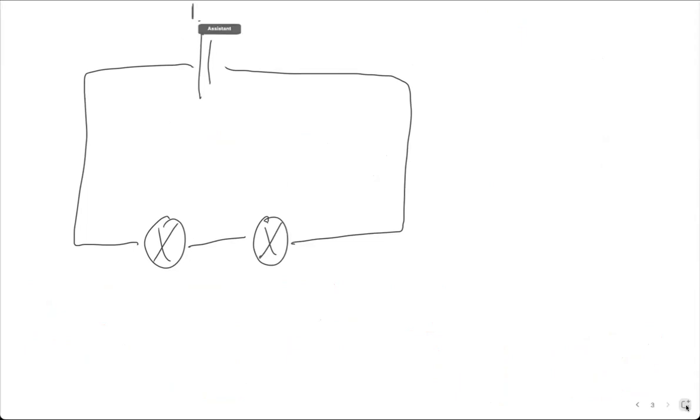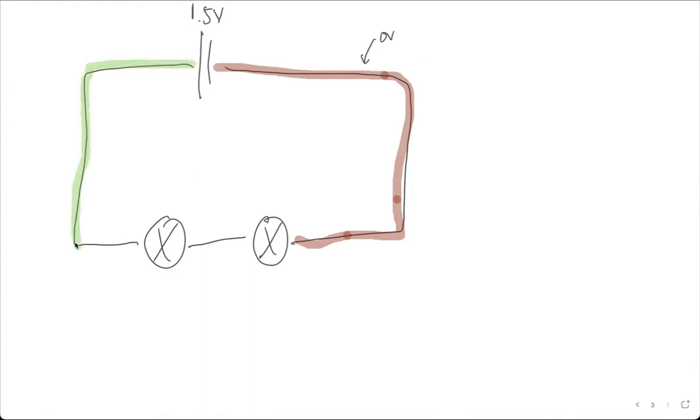If my battery is the same, 1.5 volt, let me show you. The part that I highlight in this brown color is all 0 volt. The part that I highlight in green here is all 1.5 volt.